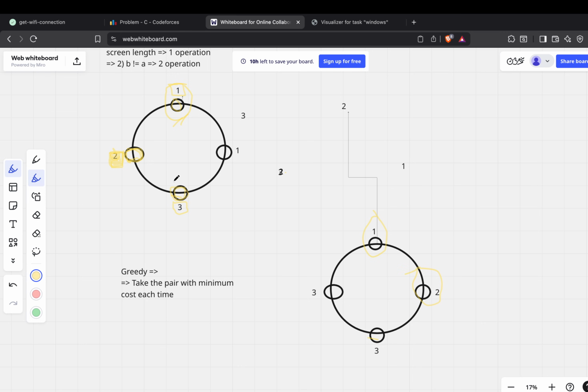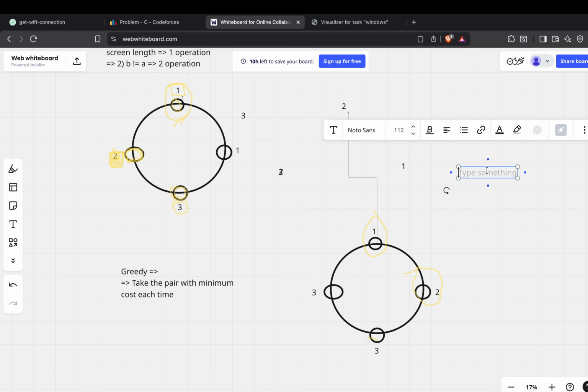So what did we say? Problem arises for a node if removal of its neighbor changes the cost after removal.